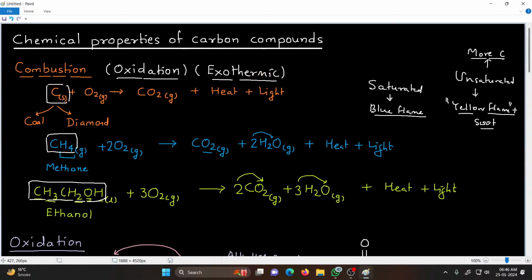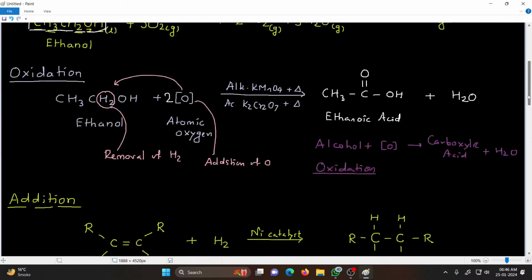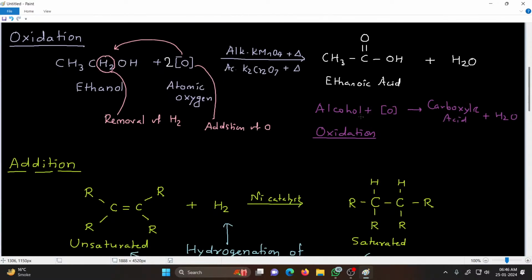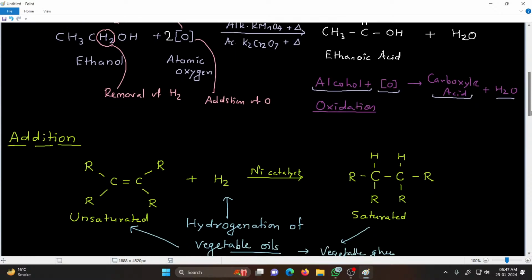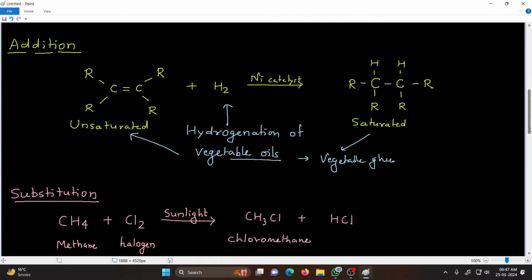We'll revise them once again. First was the combustion reaction, in which hydrocarbons burn in air, react with oxygen to produce carbon dioxide, water vapor, heat and light. Then there was oxidation reaction, in which alcohols combine with nascent oxygen to give you carboxylic acids and water. We have addition reaction, in which unsaturated hydrocarbons combine with hydrogen.